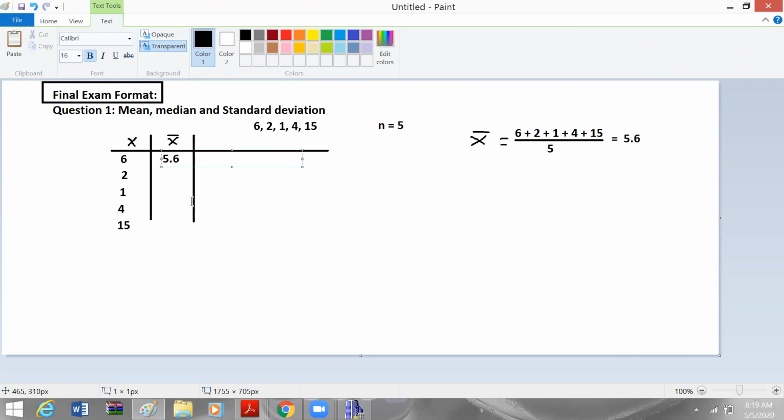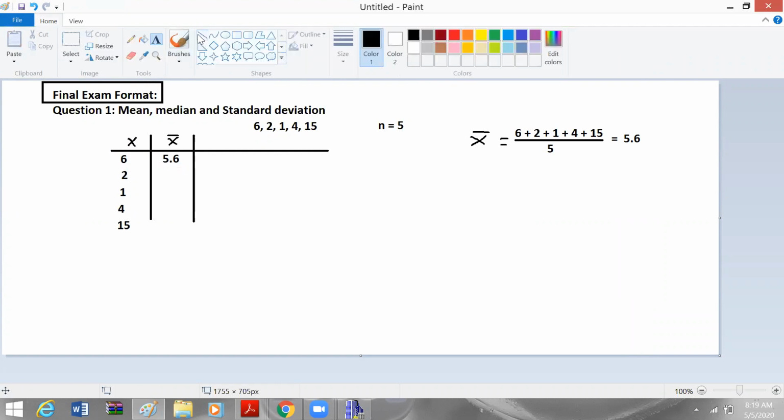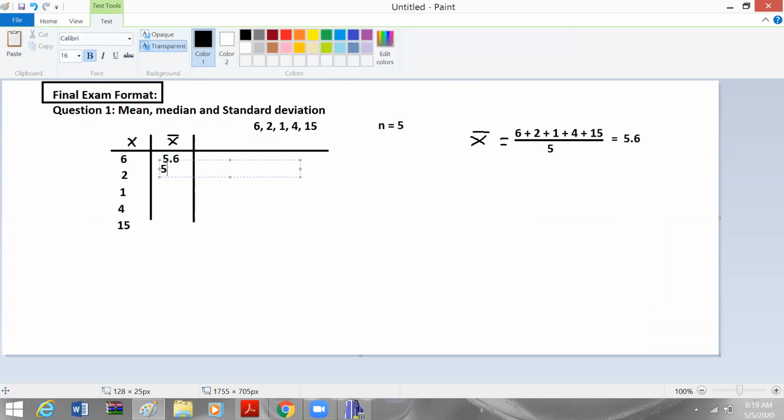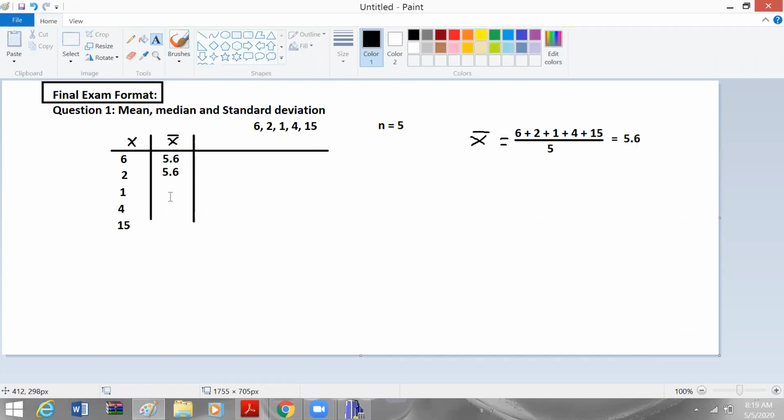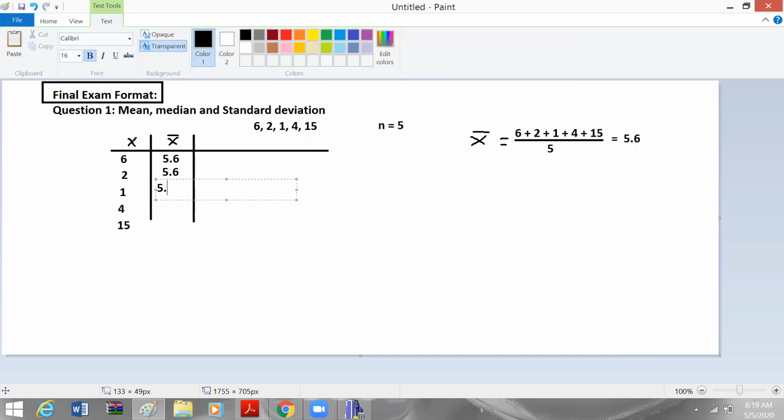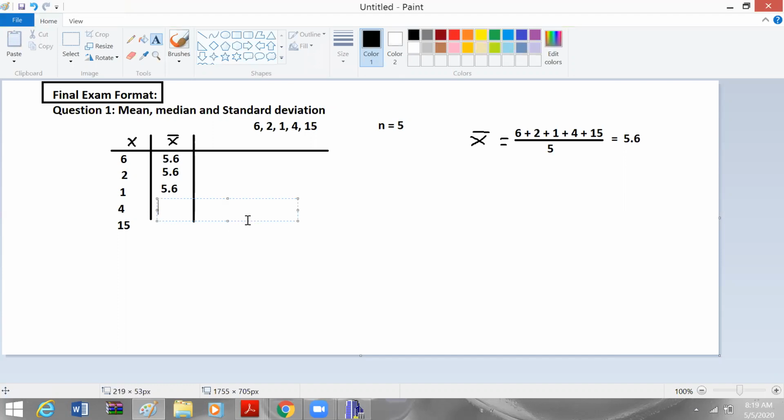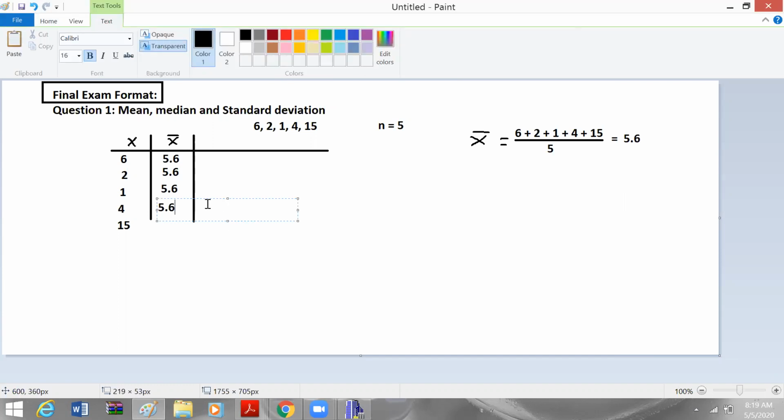And we do the same thing for the second box, and then 5.6, and then 5.6, and finally we have 5.6 right there.